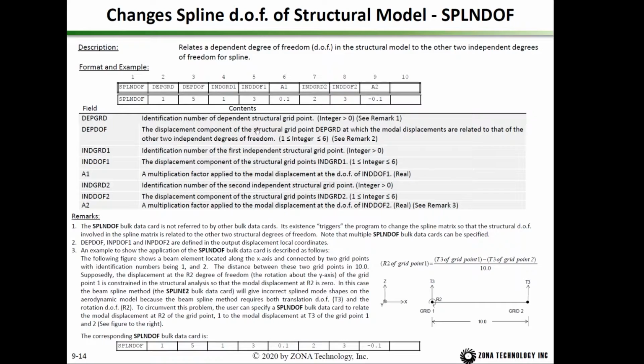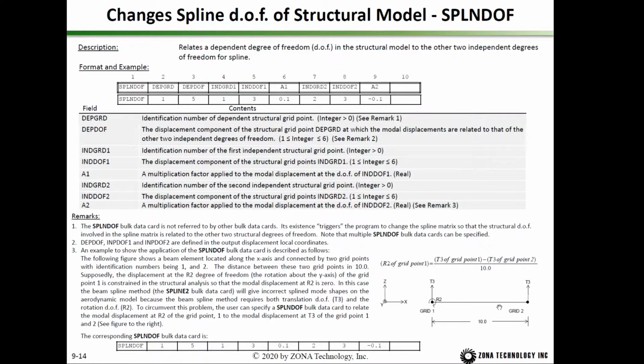So 1 and 3. So we specify this grid point ID 1, this grid point ID 2, and we want to use the T3, which is component 3, at this grid, and also the T3 component at this grid.